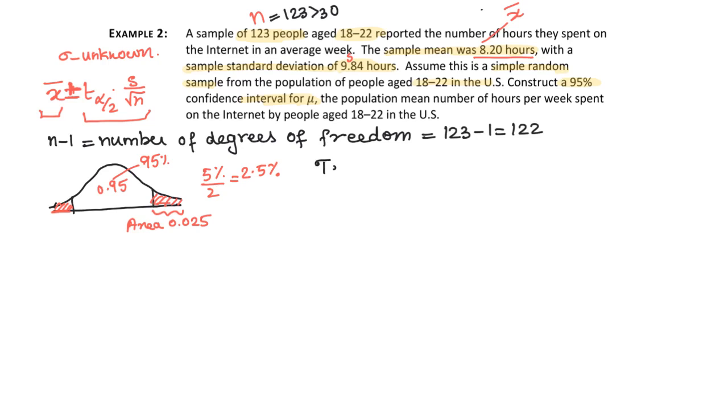So we know that in table A3 we need to look at the row which corresponds to 122 and the column corresponding to 0.025. The number of degrees of freedom 122 is not in the table. So we will use the next smaller value in the table, which is 100.